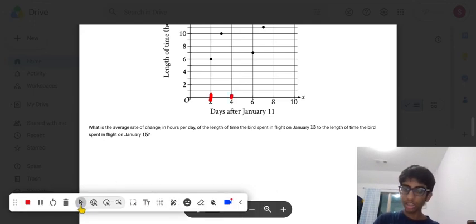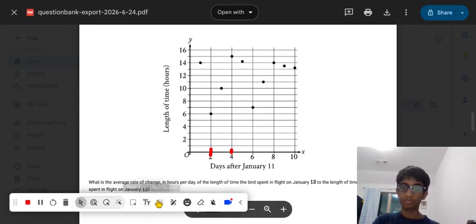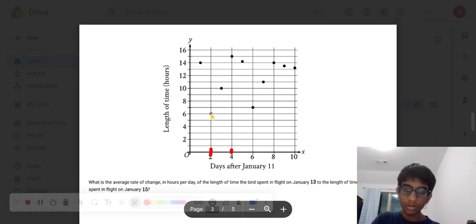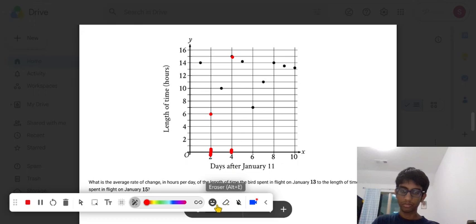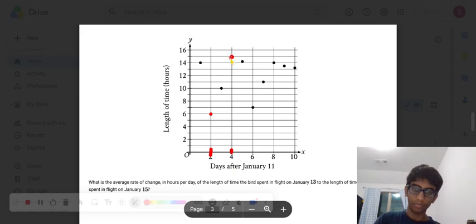So plotting these points, looking at what has been plotted, we see (2, 6) and (4, 15), right? And then we just take the slope of the line that connects these two, approximately this. This is the best line tool I have right now.